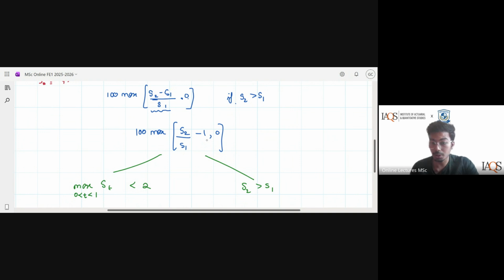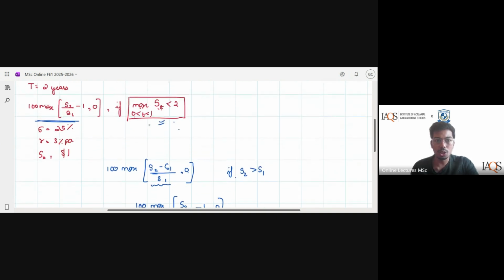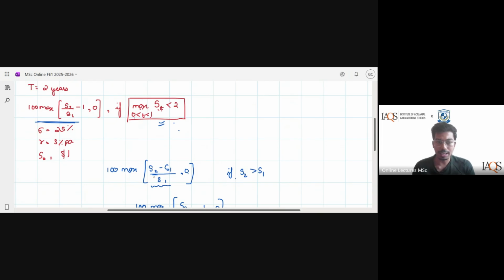Anushka, you were disconnected. I was saying the second condition is, I know S2 by S1 minus 1. Can I write this as S2 minus S1 by S1? The other condition: if S2 is less than S1, can I say this will go negative? If S2 is less than S1, this will go negative. Therefore, you are going to get 0 rupees as the payoff. Therefore, it's not just one condition.